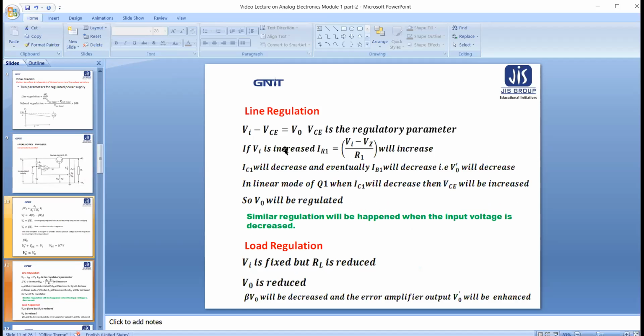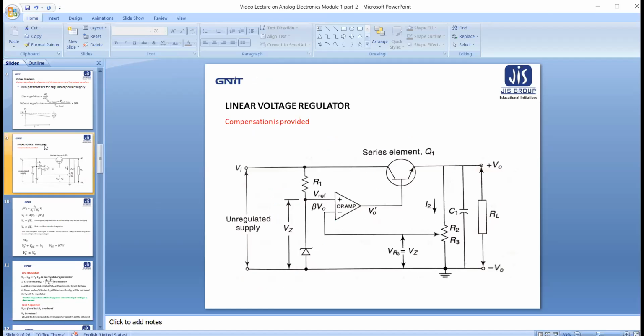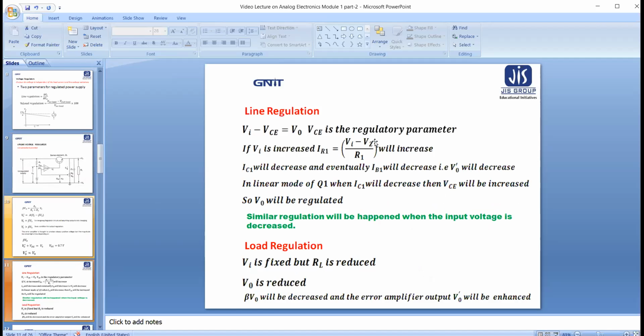Now first we will discuss the line regulation. Line regulation: VI minus VCE, as already discussed, equals V0, where VCE is the regulatory parameter. If VI is increased, provided the load resistance is constant, that is called line regulation. If VI is increased, the current IR1 equals VI minus VZ by R1.